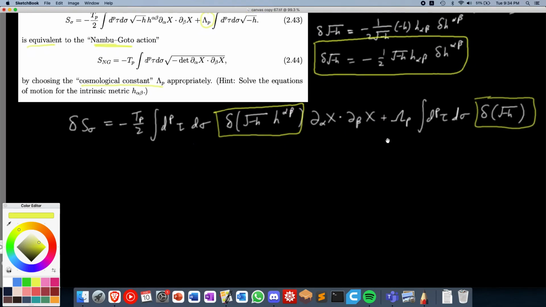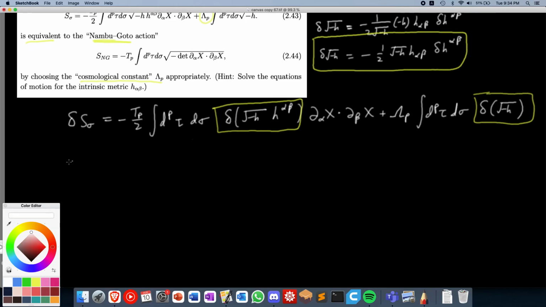So let's go ahead and do the substitution. This is the product rule. I have a bit of trouble with the summation indices over here, so I'm going to relabel them, because this is just Einstein's summation convention.